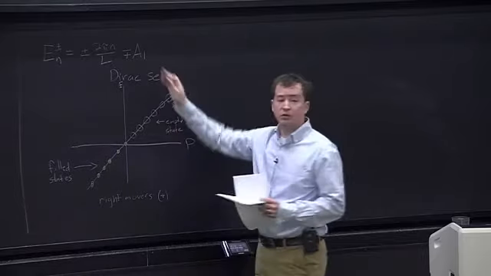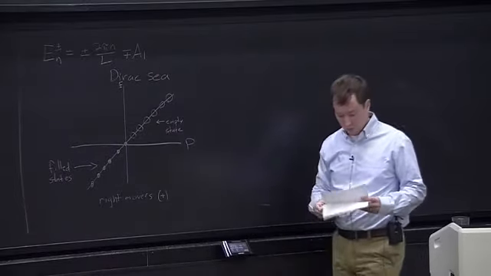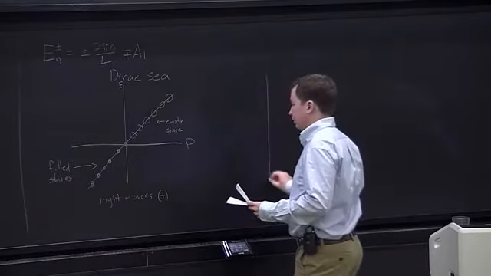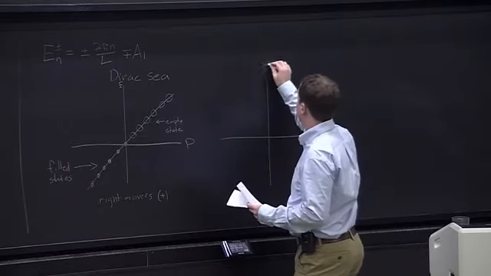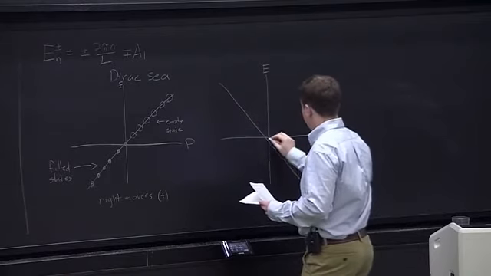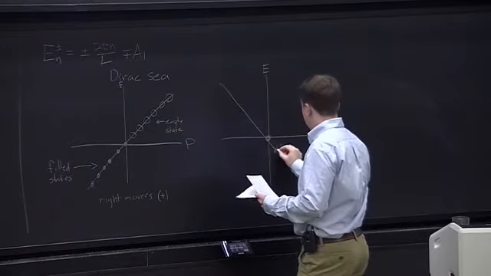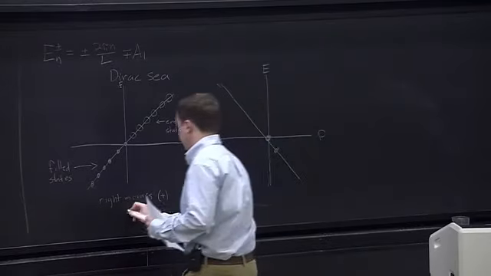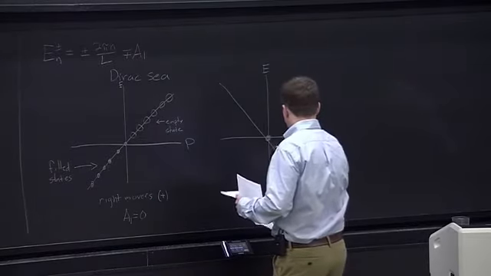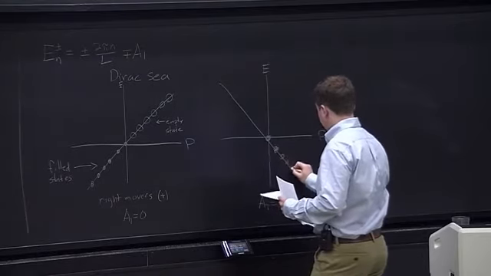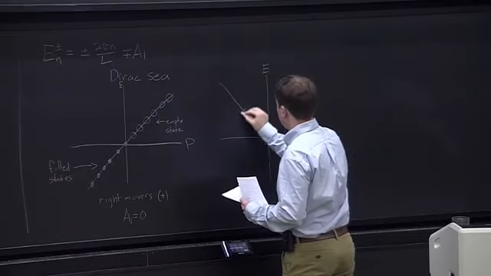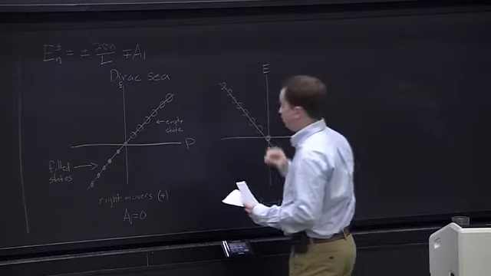And the states are just equally spaced by an amount 2 pi over L. Similarly, for the left movers, with A1 equals 0, we have equally spaced energy states that are all filled for the negative energy states and empty for the positive energy states.